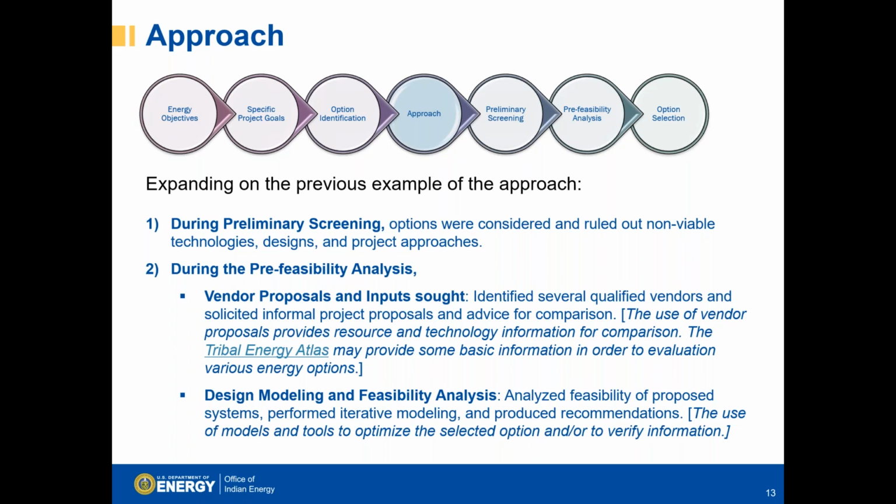It's an interactive map that could provide you some information on resources, transmission, electricity costs, and so forth. In the design and modeling area, I might also say that you could reach out to our office or the Department of Interior's Division of Energy and Minerals for technical assistance to help in some of those assessments. Next slide, please.